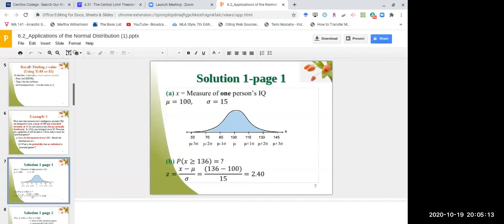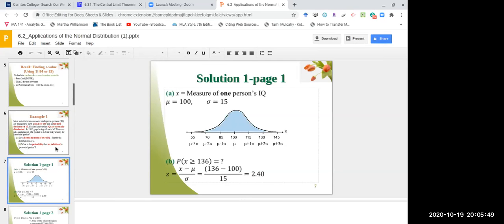Standard deviation is 15, so you're counting by 15, up from 100 to the right and down from 100 to the left. You want to find the approximate location of 136, which is somewhere over to the right of 130, and we find the z-score by using the formula 136 minus 100 over 15, and we round z-scores to 2 places.